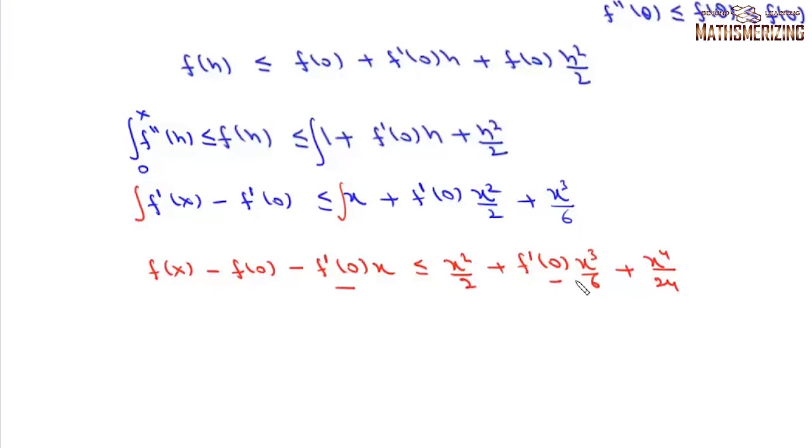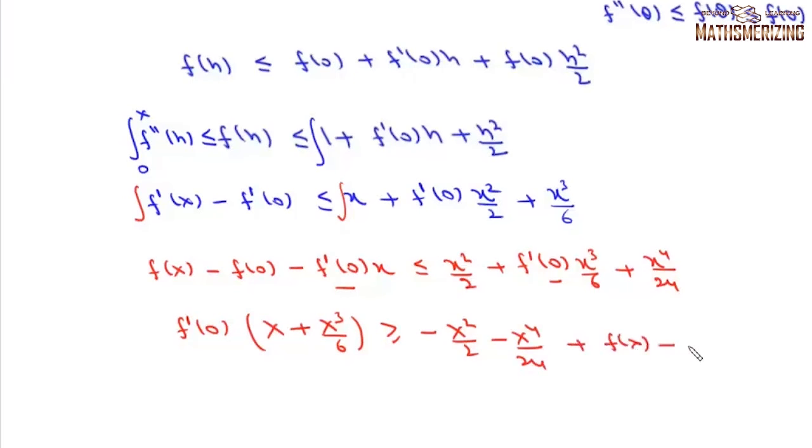So we can write f'(0) x plus x cube upon 6 is greater than or equal to minus x square upon 2 minus x to the power 4 upon 24 plus f(x) minus f(0).